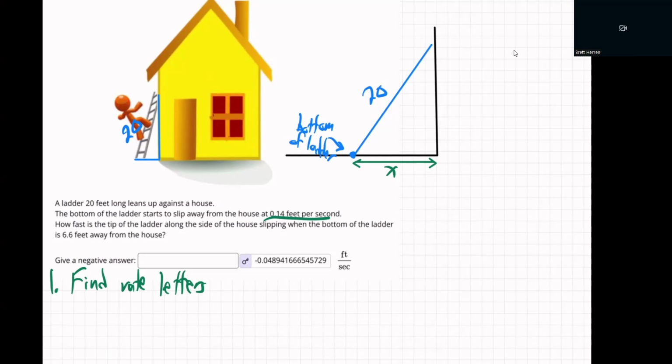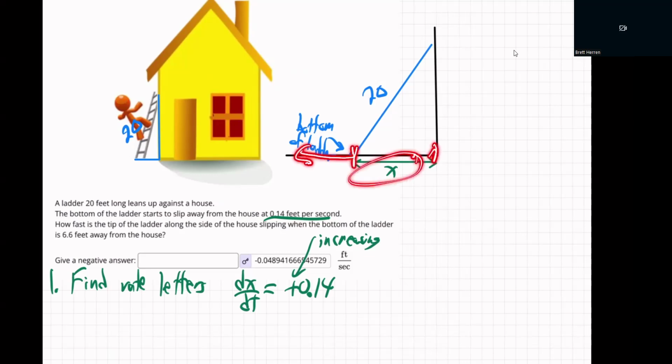So that's telling us that dx/dt is positive 0.14, because it's slipping away from the house at 0.14 feet per second, meaning x is growing, increasing. Remember, when things are shrinking, that's negative; growing, that's positive.